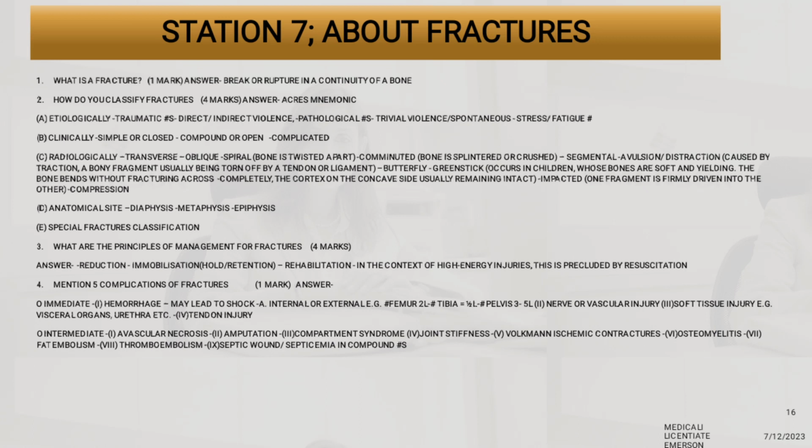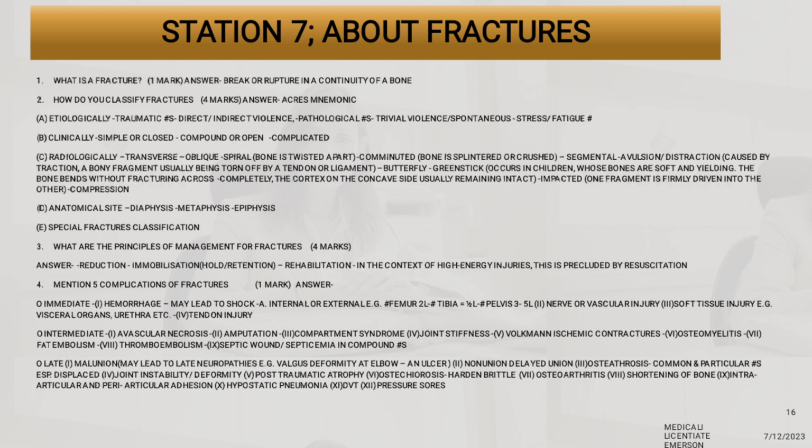Then intermediate, we can have avascular necrosis, amputation, compartment syndrome, joint stiffness, Volkmann ischemic contractures, osteomyelitis, fat embolism, thromboembolism. We can have a septic wound, we can have septicemia in compound fractures.